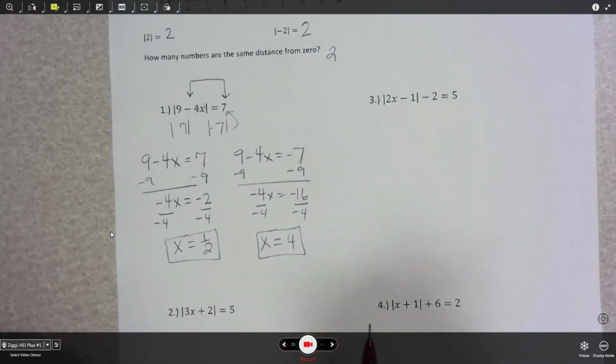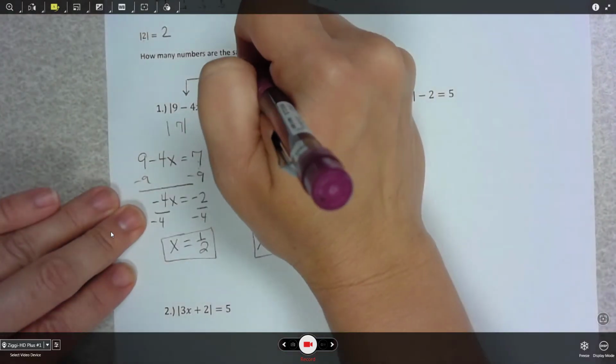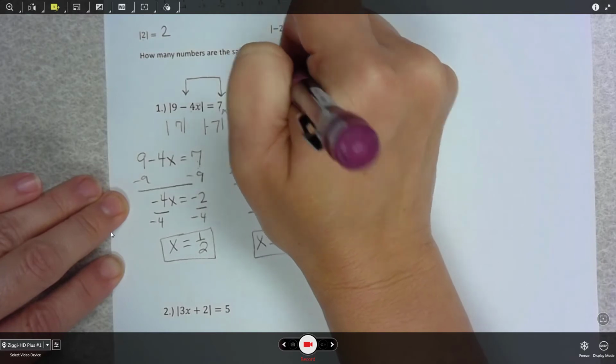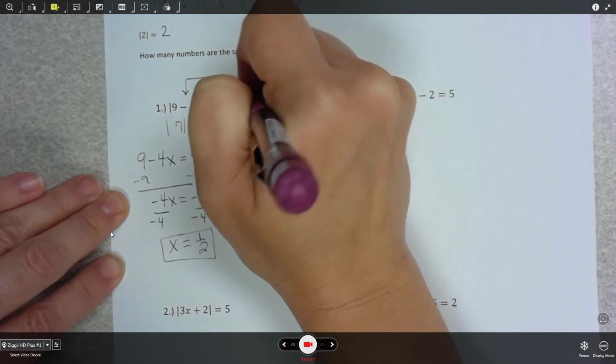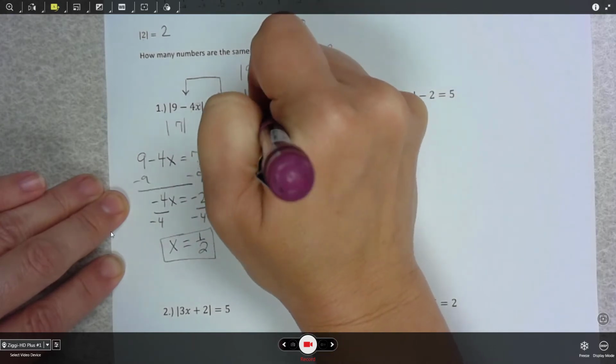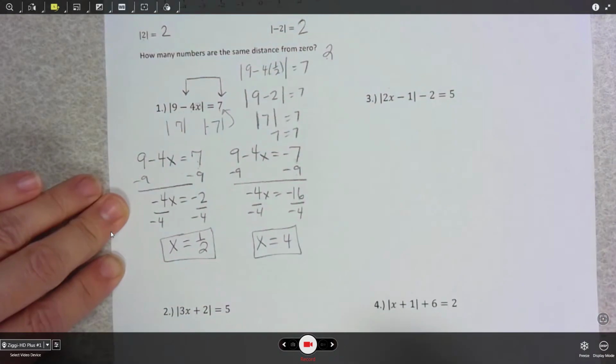If you were to check your answer, you could fill it back in and say 9 minus 4 times 1/2 equals 7. That would be 9 minus 2, and then we'd have the absolute value of 7 equals 7, which we know is true.